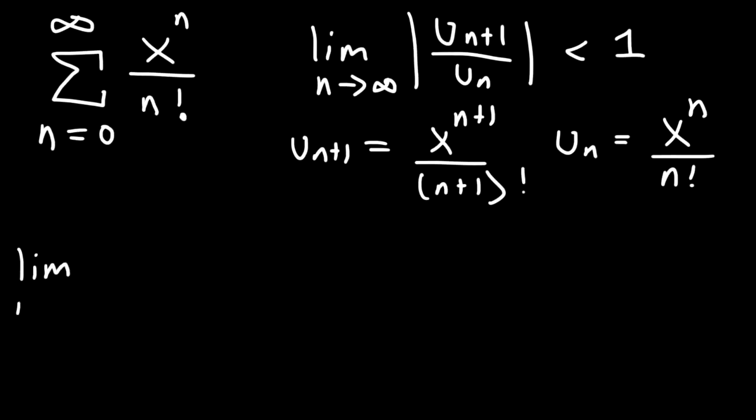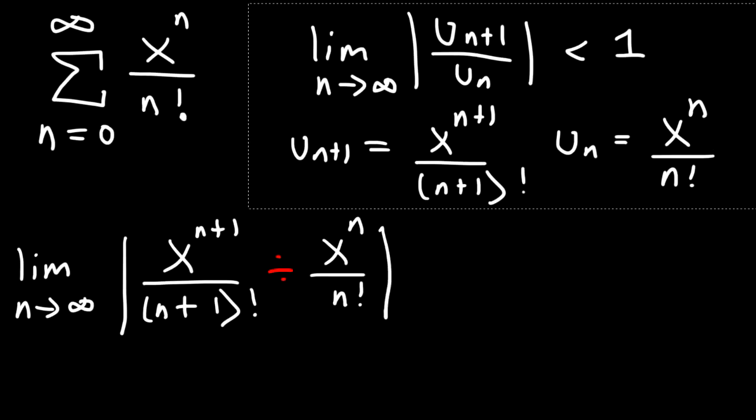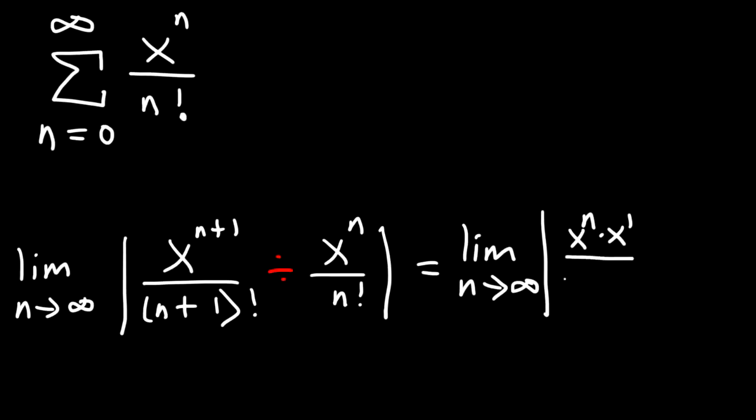So let's take the limit as n goes to infinity of u sub n plus 1, so that's this, and then divided by u sub n. So let's simplify the expression. x to the n plus 1, we could say that's x to the n times x to the first power. n plus 1 factorial is n plus 1 times n factorial.